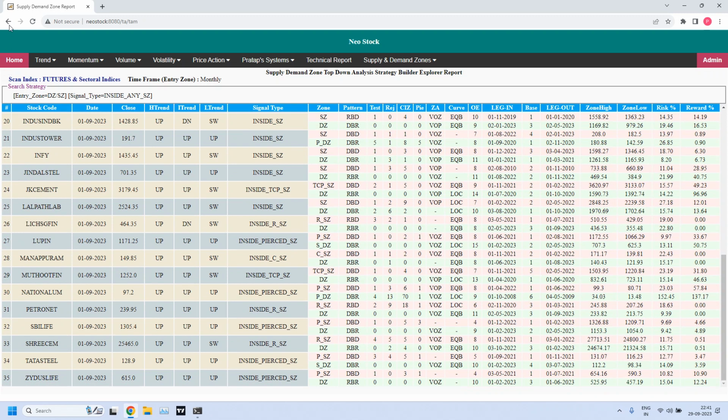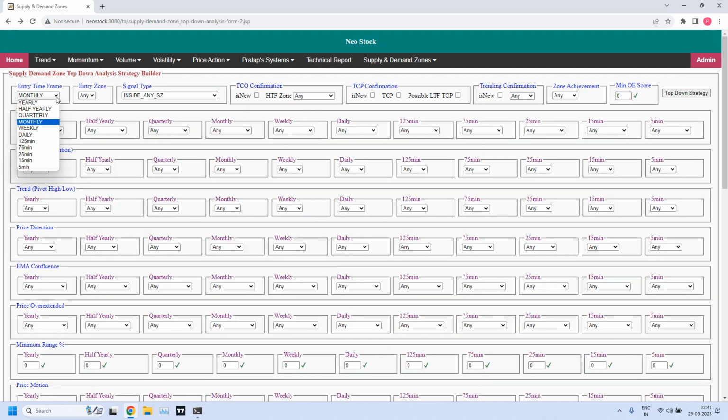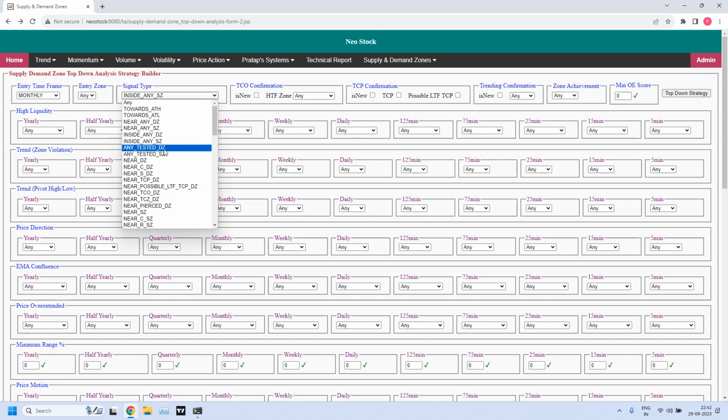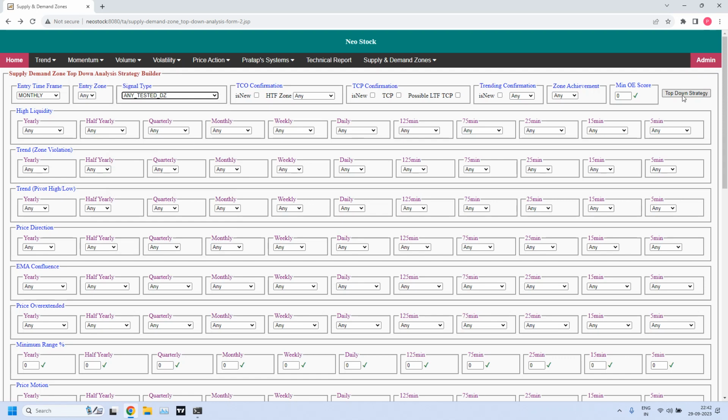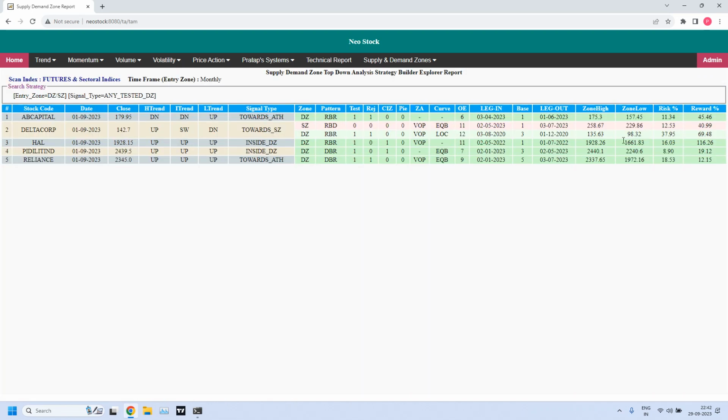So let's go back. For entry time frame monthly, let us find the tested monthly demand zones. So these 5 demand zones are tested during this week.